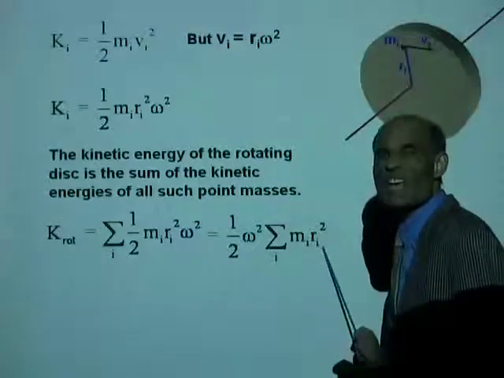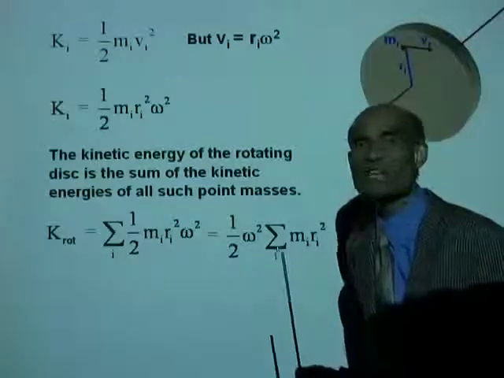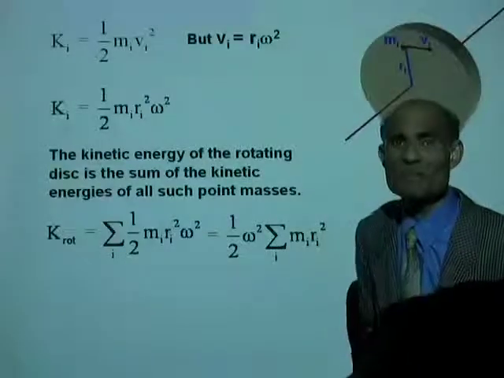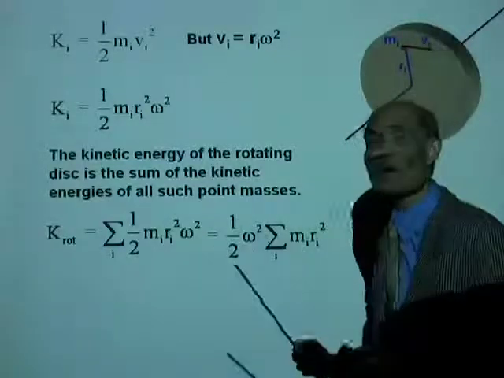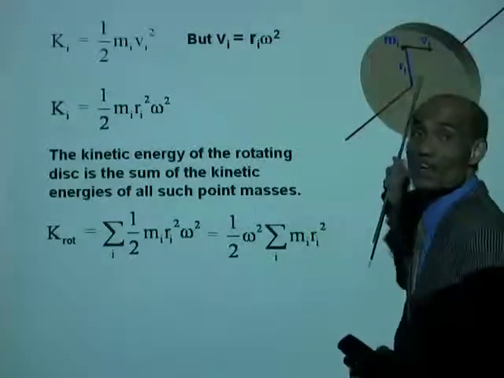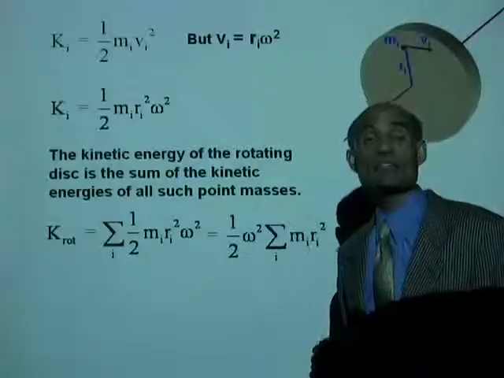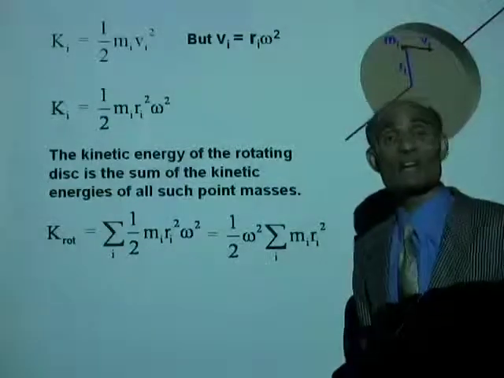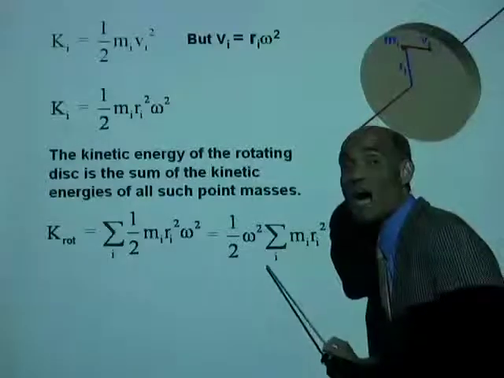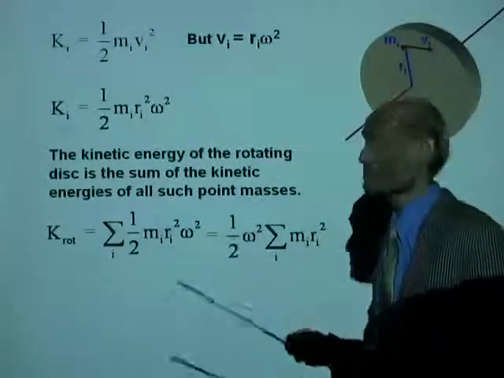What is the name of this quantity? This is a special quantity. We gave it a name. What is that name? Summation i mi Ri squared is the moment of inertia of the rotating disk about an axis through its center of mass. So this is I, the moment of inertia of the rotating object.